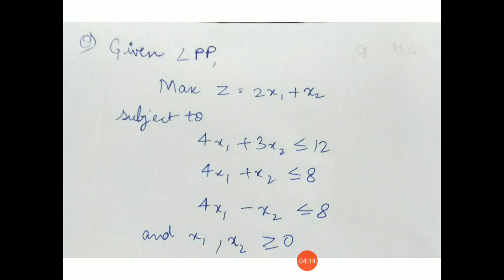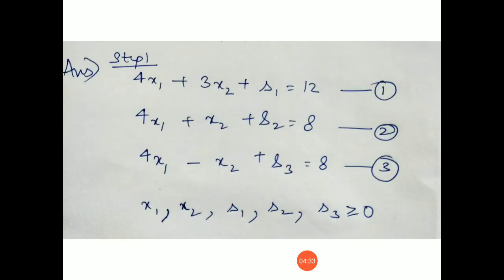Since all these inequality constraints are of less than or equal to type, we add a slack variable to convert them into equation form, as we have already seen in the previous problems. So by adding slack variables, I have converted those three inequality constraints into equation form.